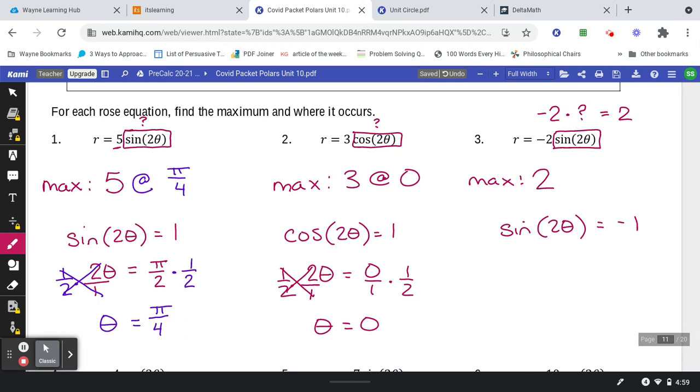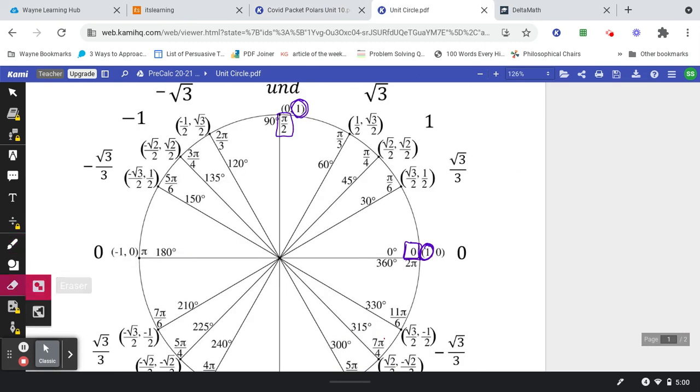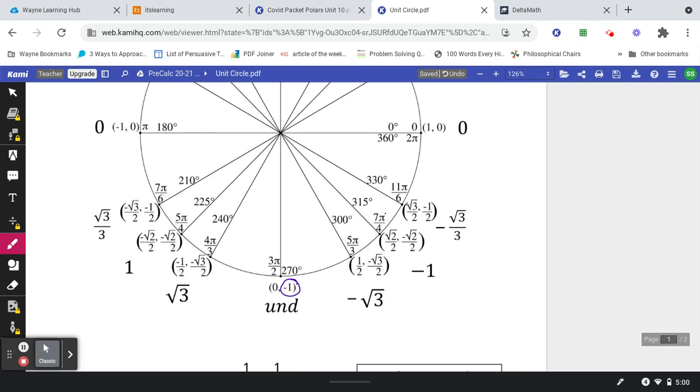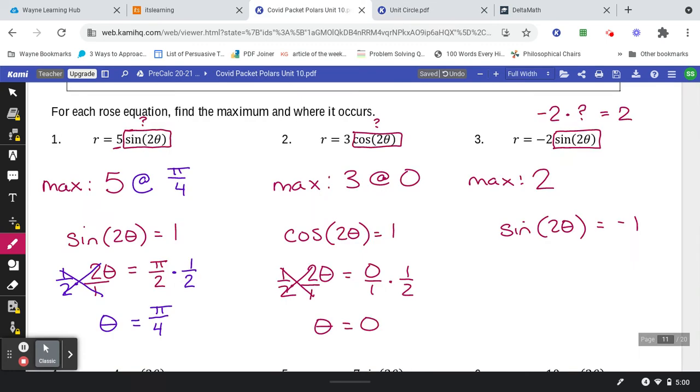I'll go to my unit circle, find where sine, or the y value, is negative 1. Down here at 3 pi over 2. So I'll use 3 pi over 2.